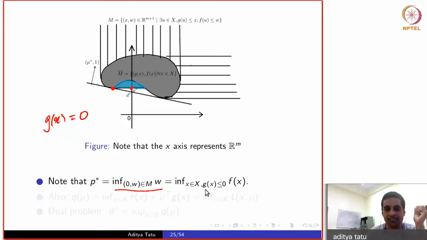Therefore, if I'm looking at x coordinate being 0, there has to be some g(x) which is less than or equal to 0. And of course, w is nothing but the y coordinate. Y coordinate is nothing but the objective function, so that's f(x). So finding this P star is nothing but this problem, and this problem is your primal problem.